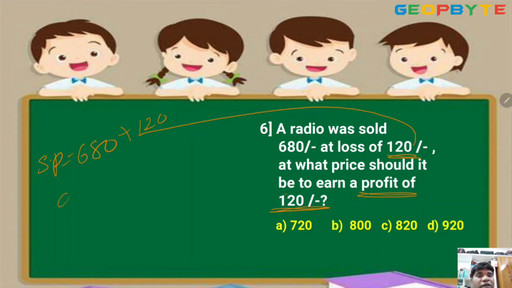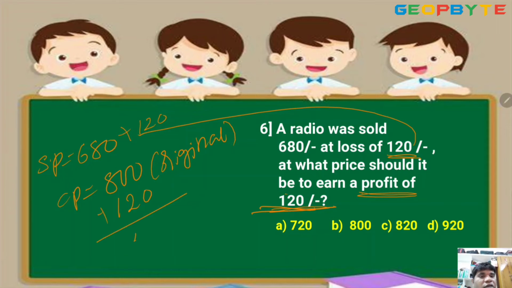It is the cost price, 800. This is the original. You want 120 rupees profit, so plus 120. Answer: 920.